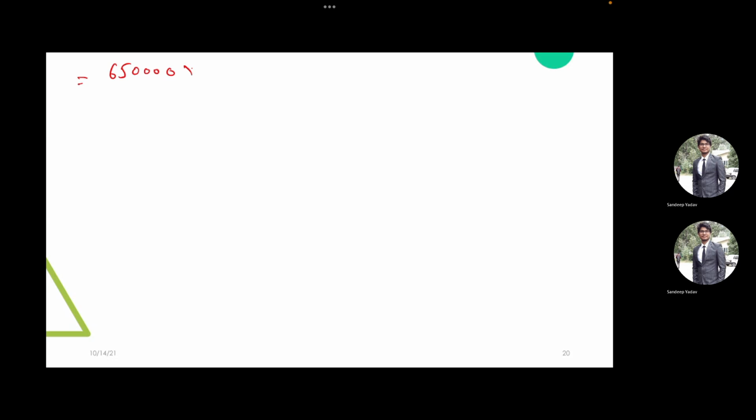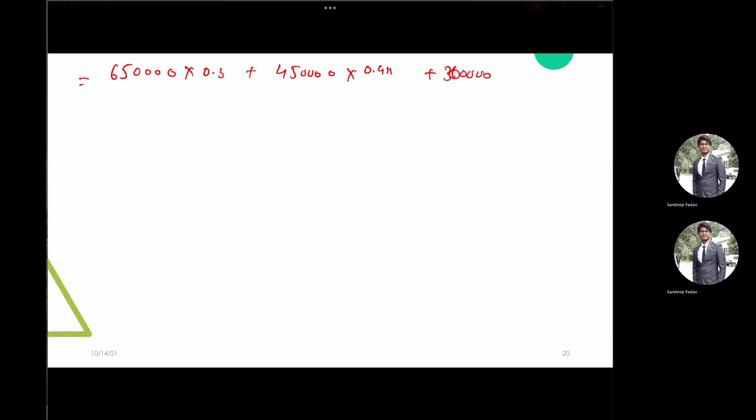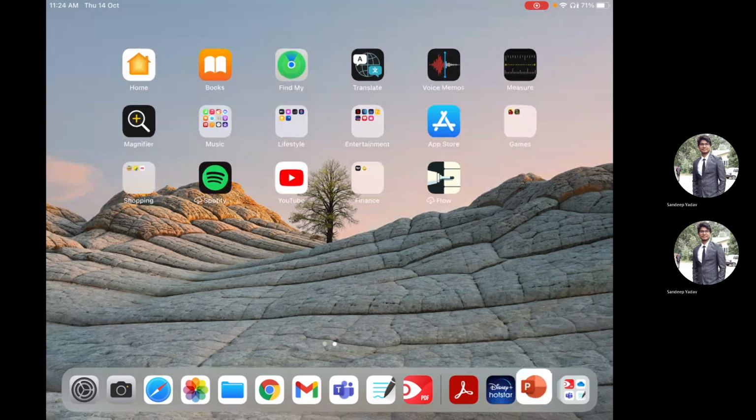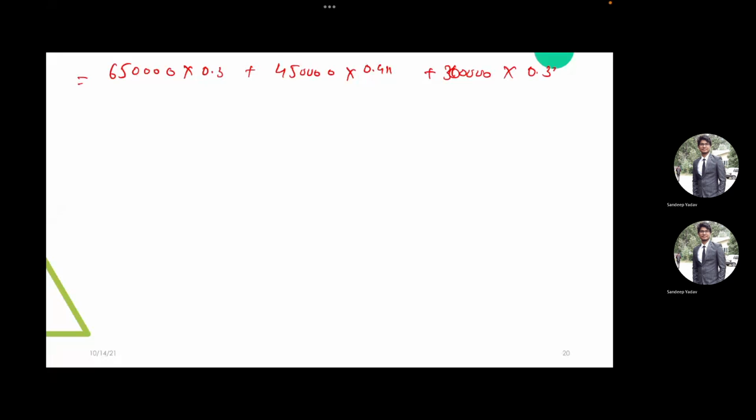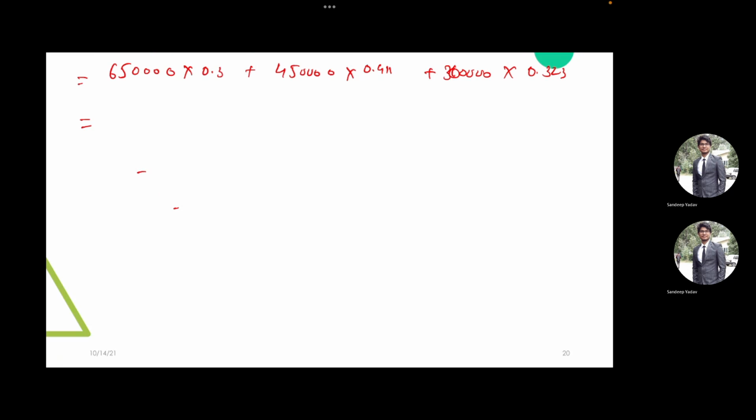CRF for the first case will be 0.3, for the second case will be 0.411, and for the third case will be 0.323. If we sum this up, that will be 4,77,000 rupees.